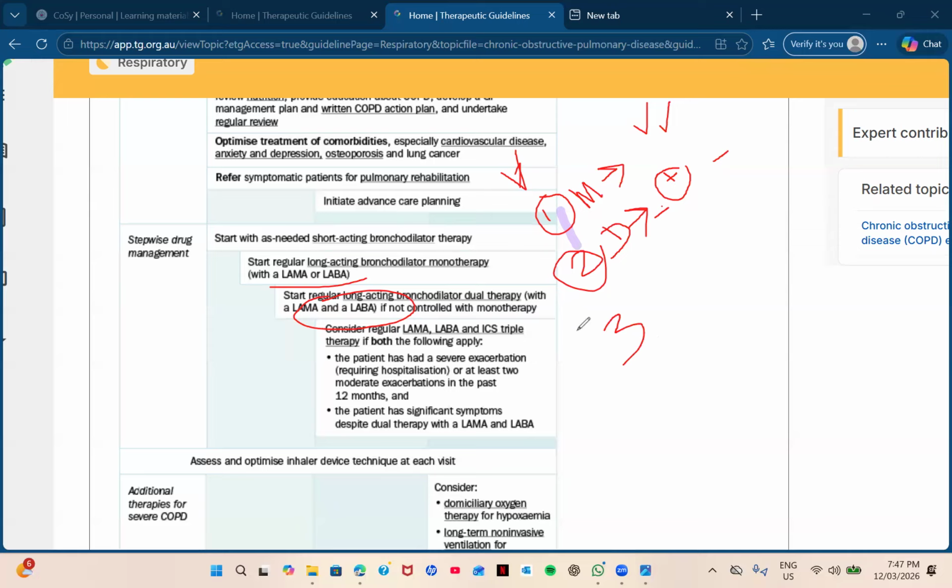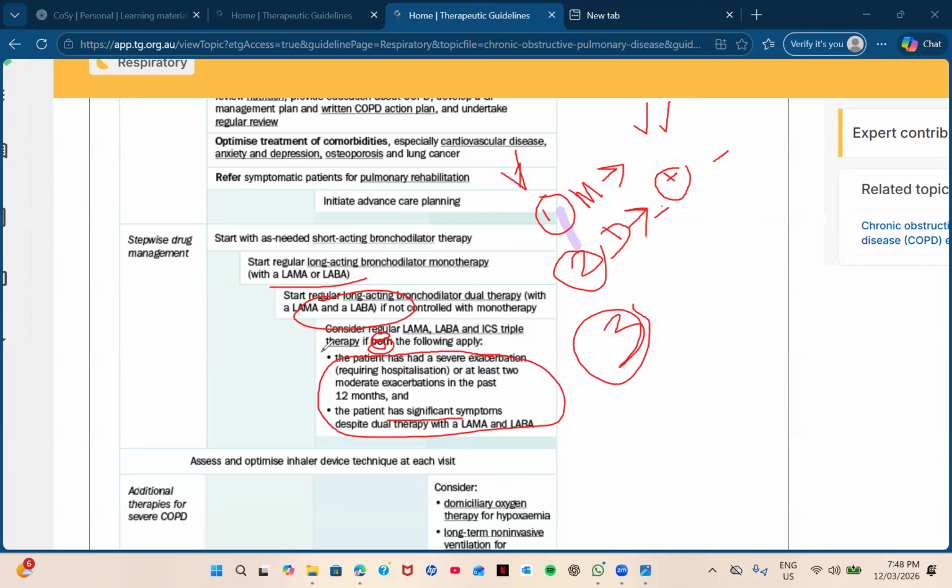Then if this dual therapy is also not working, and both of the following are present in this patient: the patient has significant symptoms despite dual therapy, and the patient has had a severe exacerbation requiring hospitalization, or at least two moderate exacerbations in the past 12 months.